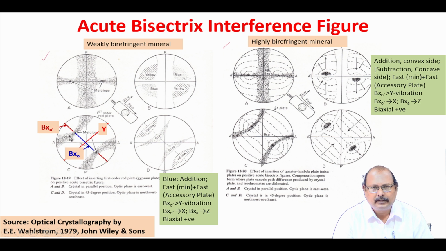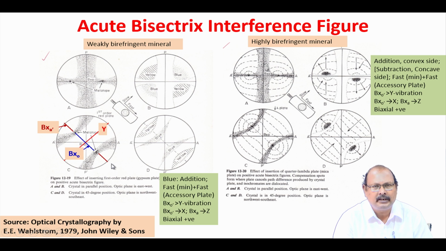But importantly, this point here is the point of emergence of the acute bisectrix. Within this field of view, the direction convex to the isogyre is broadly parallel to the obtuse bisectrix vibration direction. Whereas the concave side, shown in red, is the projected vibration direction of the acute bisectrix.